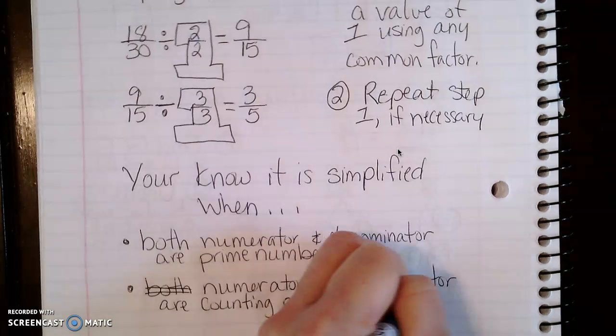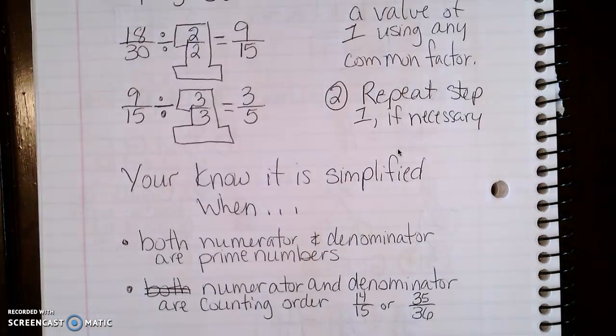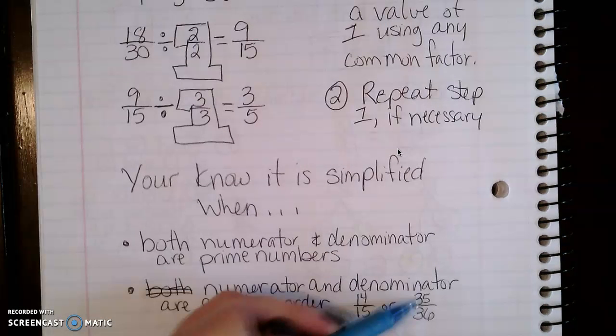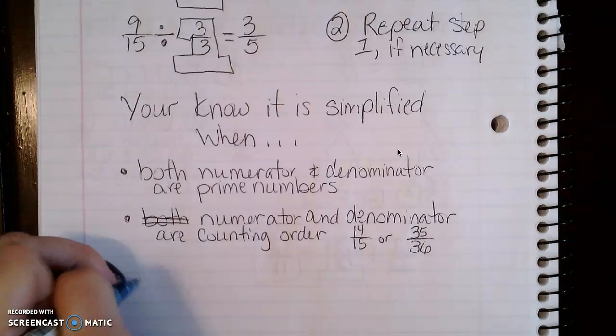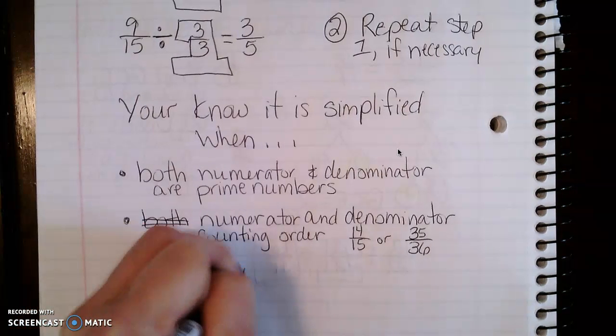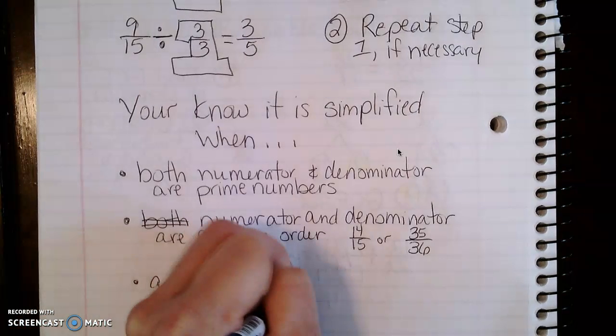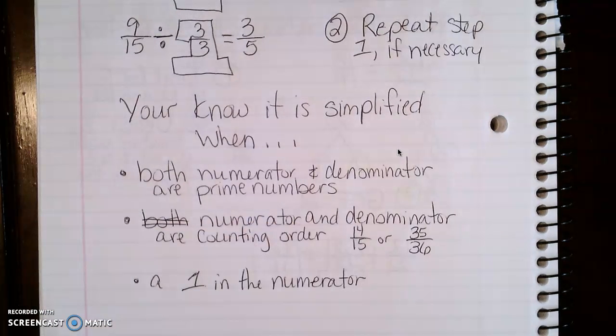Or 35/36. When I count, I go 30, 31, 32, 33, 34, 35, 36. So with any counting order, I know that I'm done. If there is a 1 in the numerator, I know I've simplified all the way down.